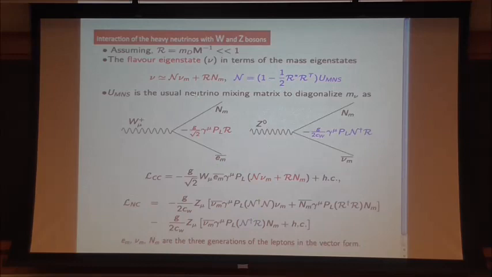Because we have written the flavor eigenstates in terms of the mass eigenstates, once we write the charged and neutral currents in terms of the mass eigenstates, we get the interaction between the heavy neutrino and the lepton through the W boson, and between the heavy neutrino and the standard model neutrino through the neutral current interaction.